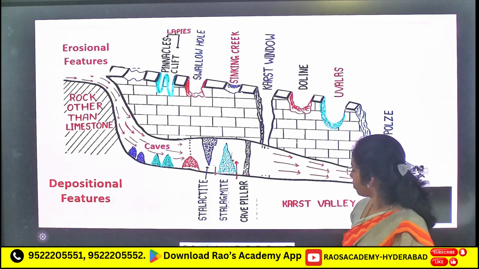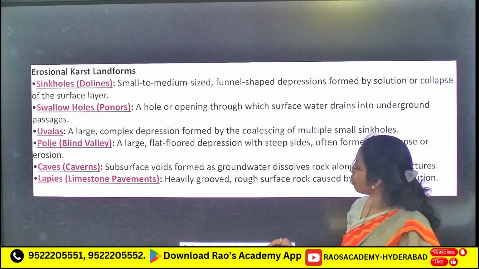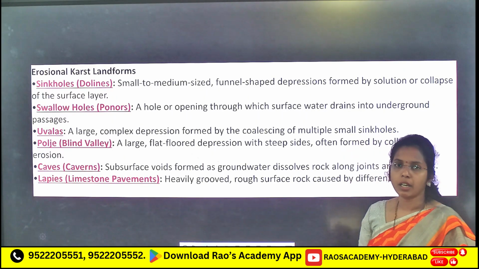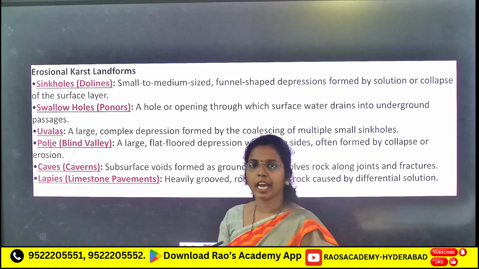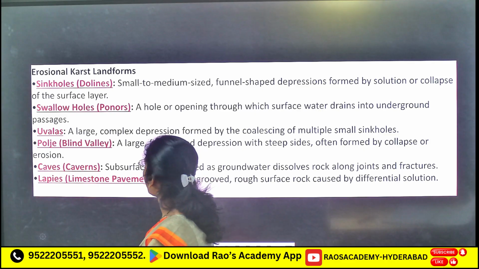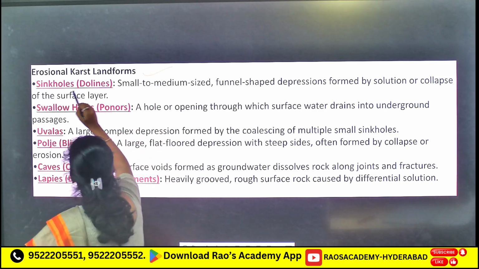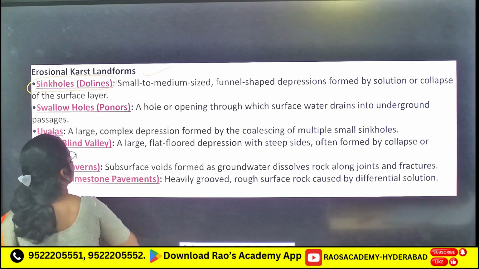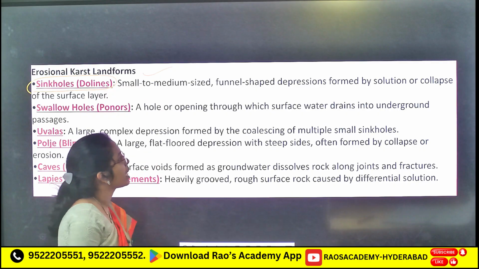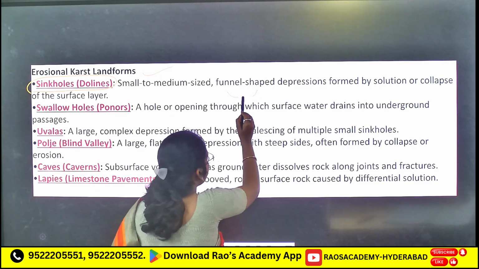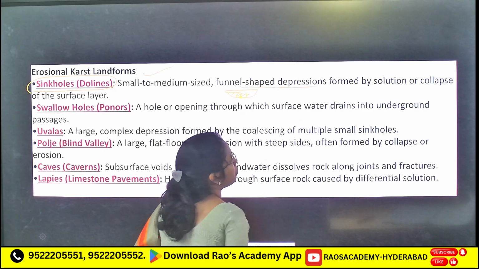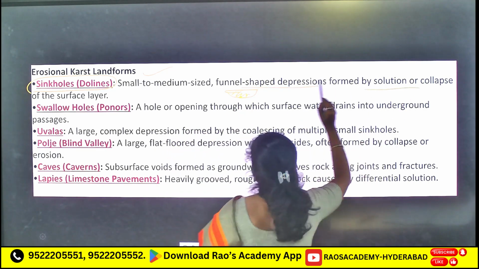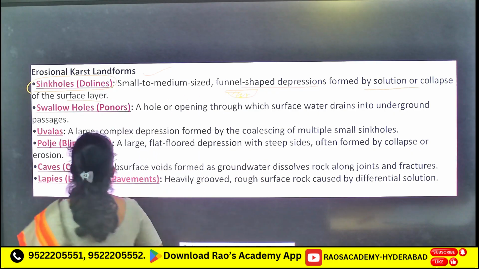Next, same as in other landforms, in groundwater landforms also we have erosional and depositional landforms. Erosional landforms: sinkholes or dolines, small to medium sized funnel shaped depressions formed by solution or collapse of the surface layer.